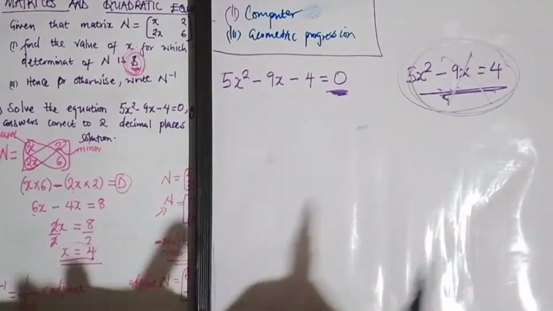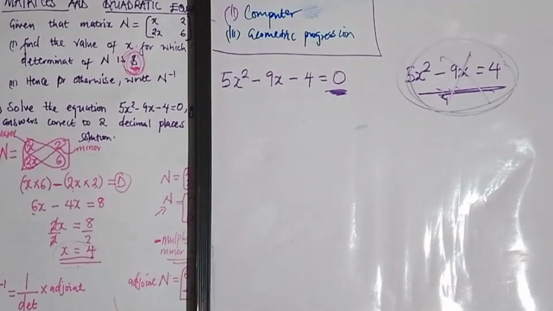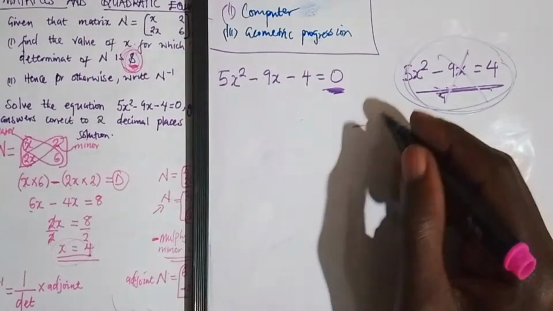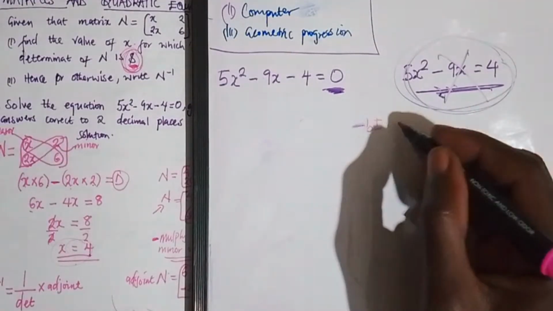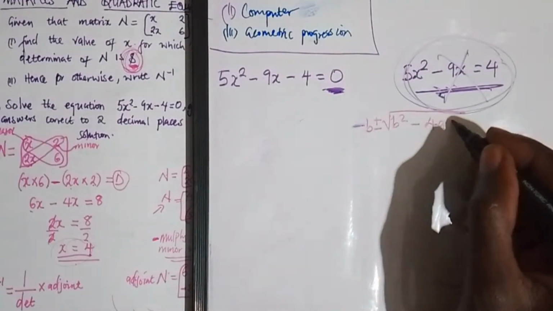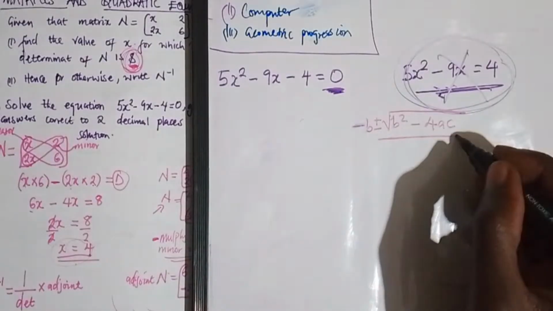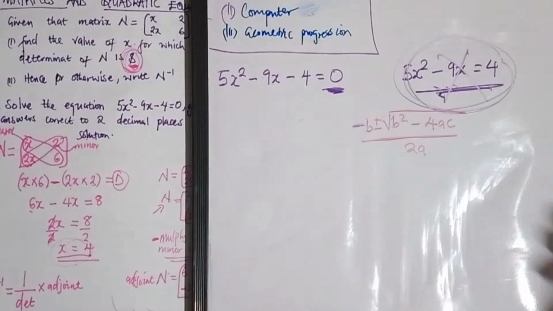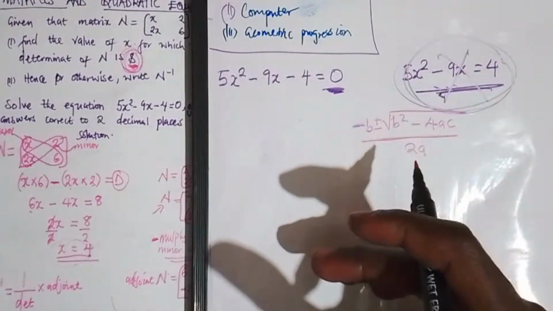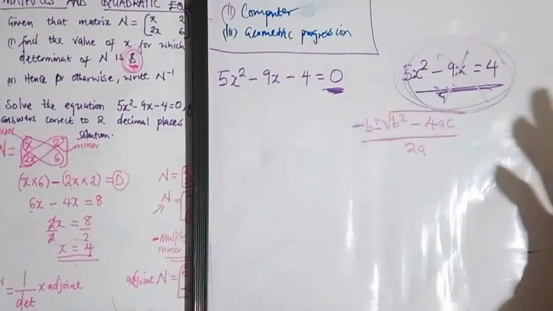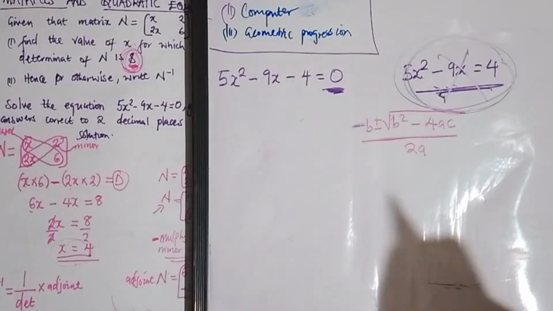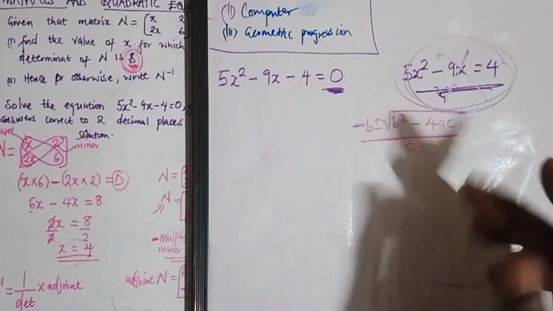So the formula is negative b, positive or negative, the square root of b squared minus 4ac, divided by 2a. Don't worry about this formula. This formula is given to you on the cover page, so no need for you to memorize it. You just need to know what each letter means. So let me tell you what each letter means.